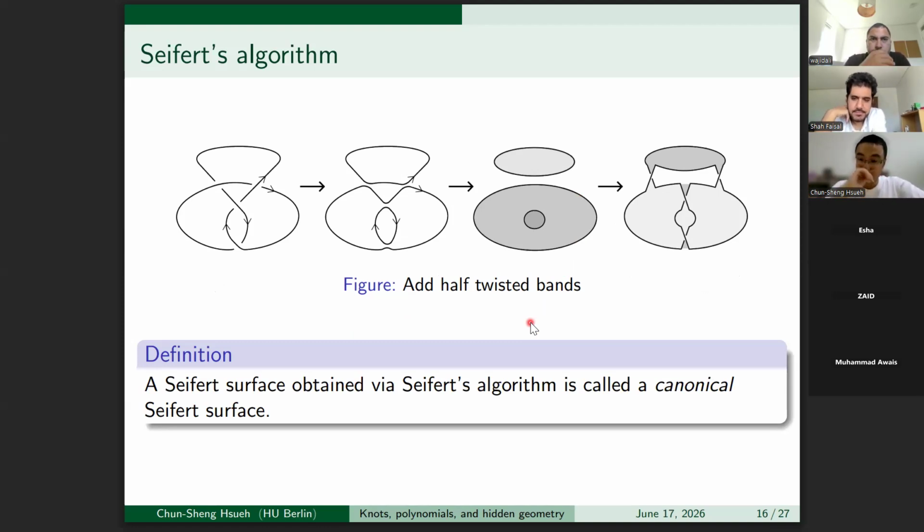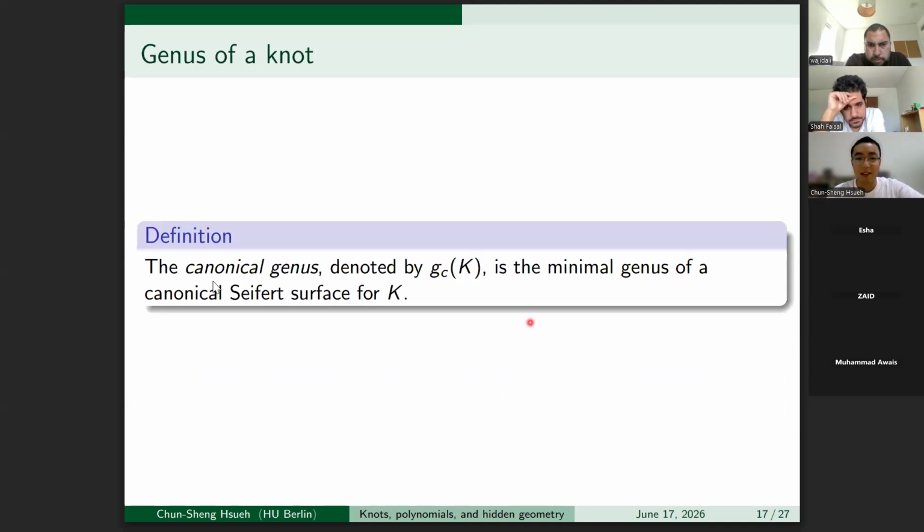Okay. And so a Seifert surface for a knot is called canonical if it can be constructed using this algorithm that I just described, Seifert's algorithm. It's called a canonical Seifert surface. And here's an invariant that Shah has already foreseen.